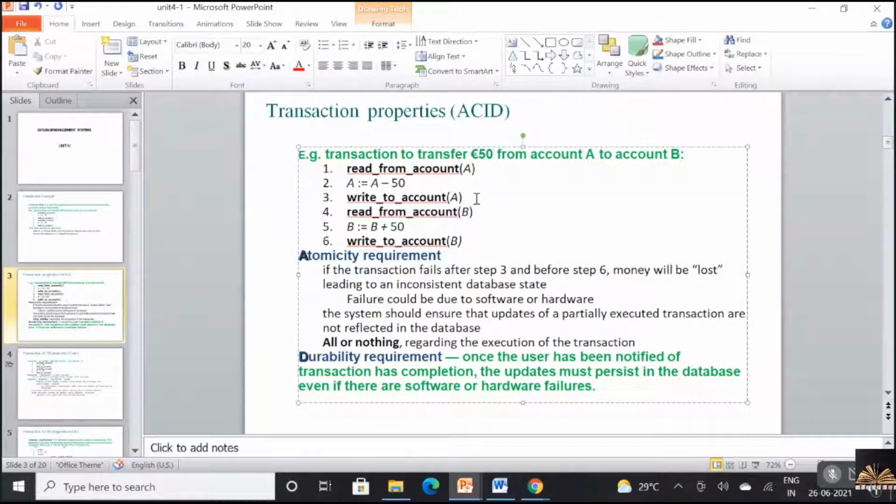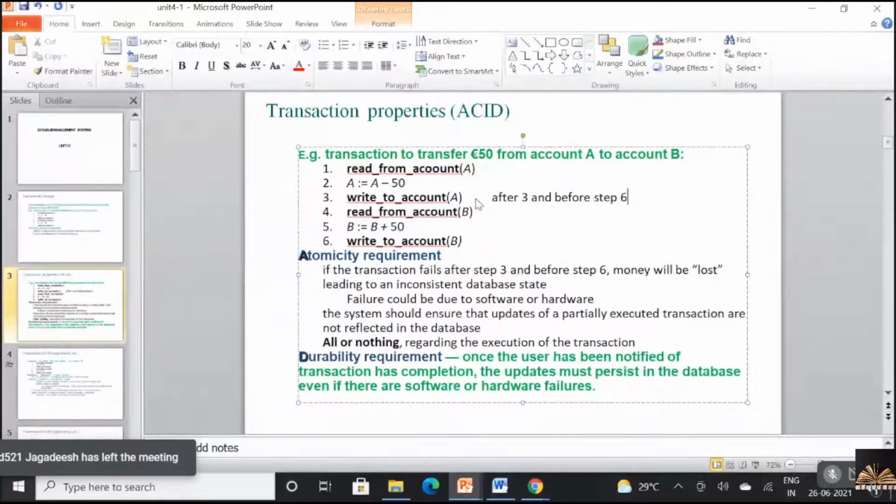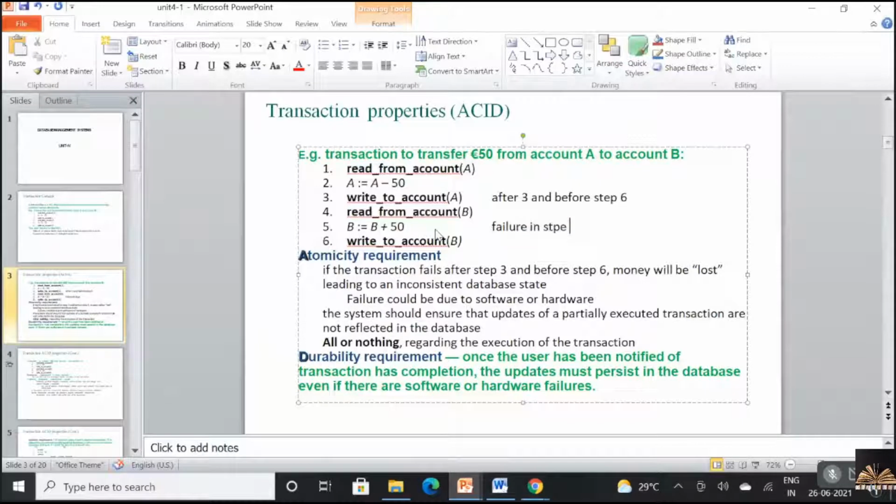If the transaction fails after step 3 and before step 6, meaning I have executed 3 steps of the transaction and before actually executing step 6, I'll assume that there is a failure in step 5. I'll assume a system crash.